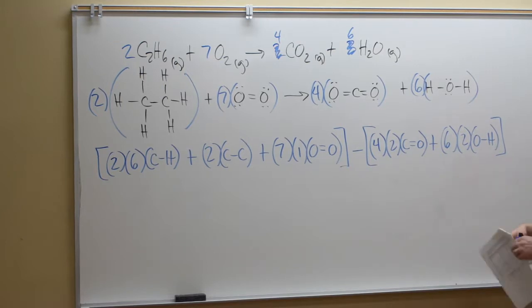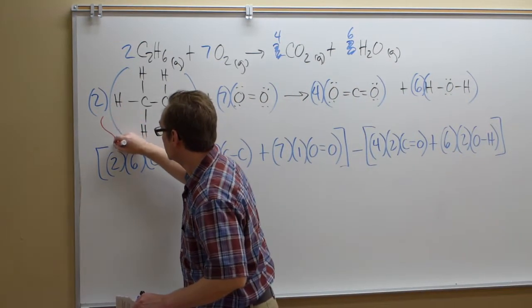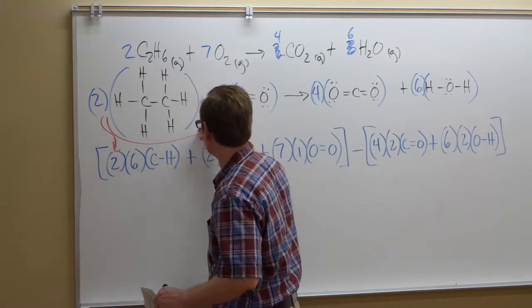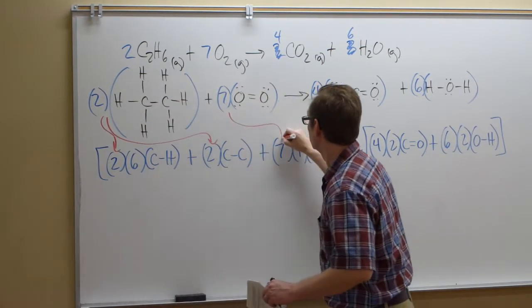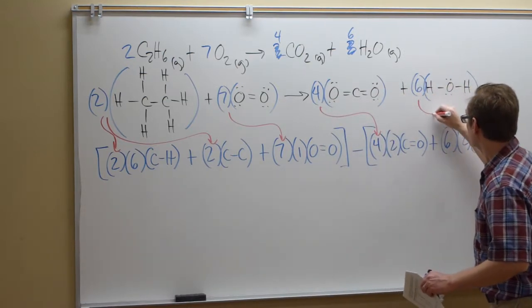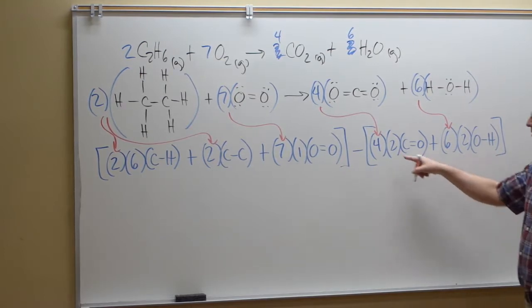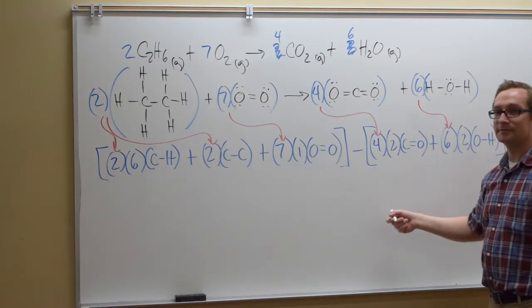So, just to reiterate, these numbers here are the 2, okay, so the coefficients come first, but then we also have to look at how many bonds are in that molecule, right?